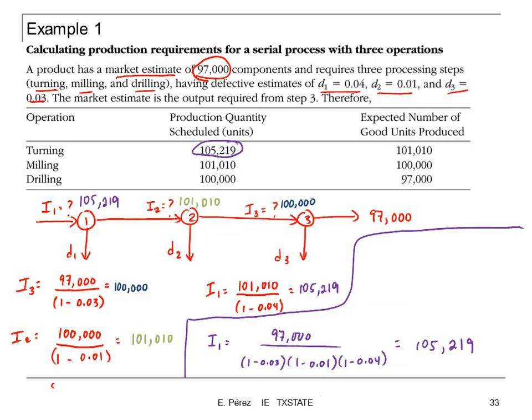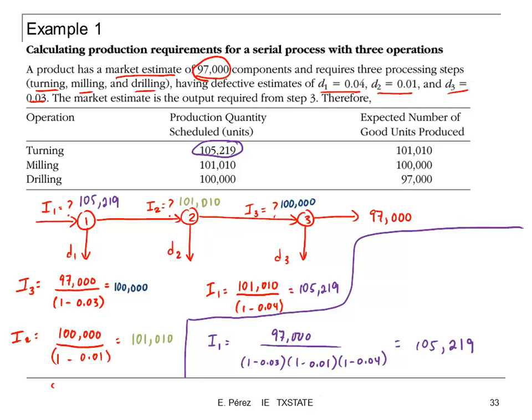And we saw how the defects can affect that input. So here we have 3 different operations, and each one of the operations will have some defects after processing. So we are taking that into account so we can account for the number of units that we need to start a process with. And we compute this using 2 different methods.